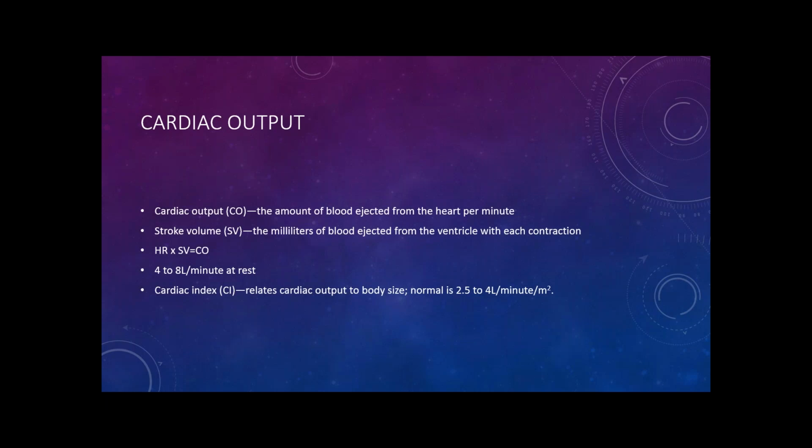So an output is 4 to 8 as the normal parameters. An index is 2.5 to 4. Anything less than 2.5 is abnormal. In open heart surgery patients, anything less than 2.0 must be taken care of because the patient was already compromised and cannot afford to have anything less than 2.0 minimum.